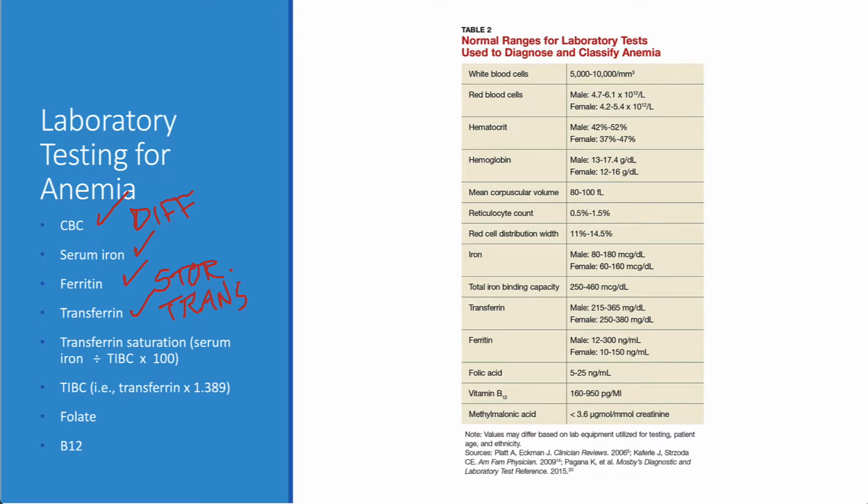Transferrin, you get it. The transferrin saturation, which is different than total iron binding capacity. The transferrin saturation is actually the serum iron divided by the total iron binding capacity times 100. What's the total iron binding capacity, you may ask? Well, it's the transferrin times 1.389.